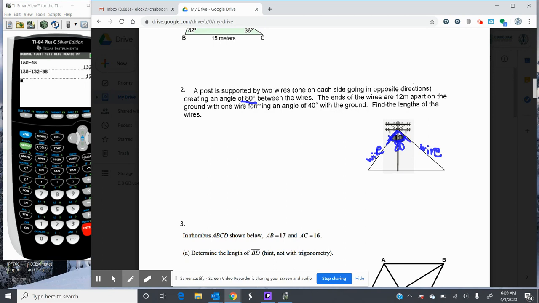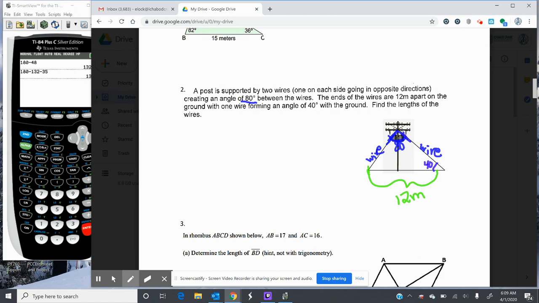The ends of the wires are 12 meters apart on the ground. So from one end of the wire here to the opposite end is 12 meters. With one wire forming a 40-degree angle with the ground. So one wire, and this looks like the smaller angle, is going to be 40 degrees with the ground.